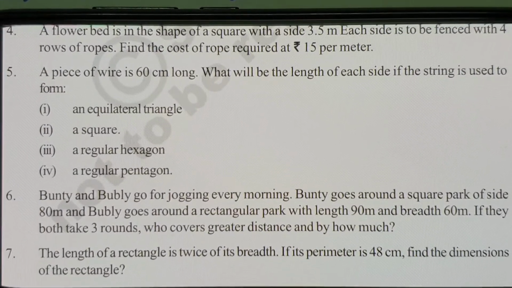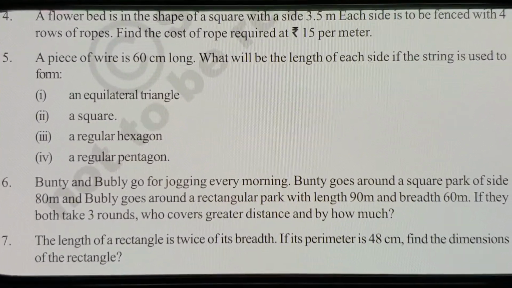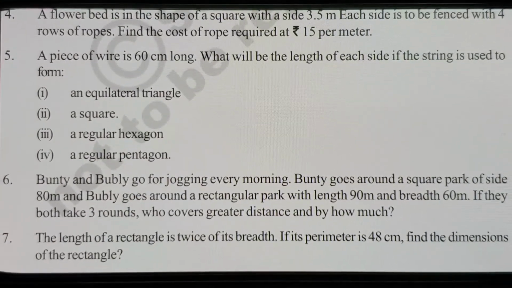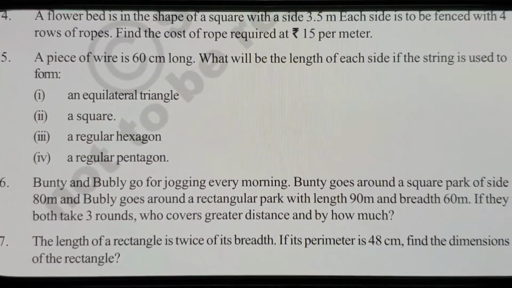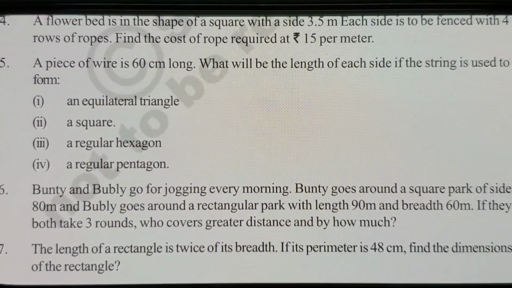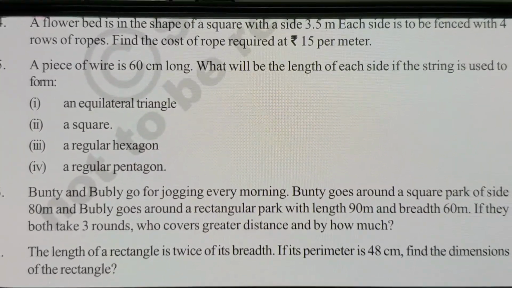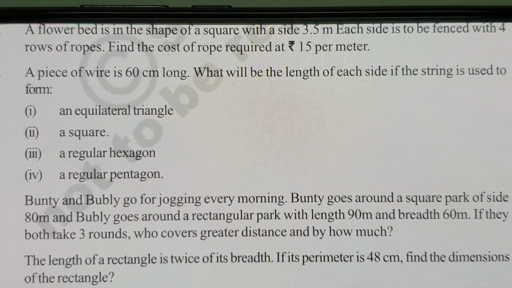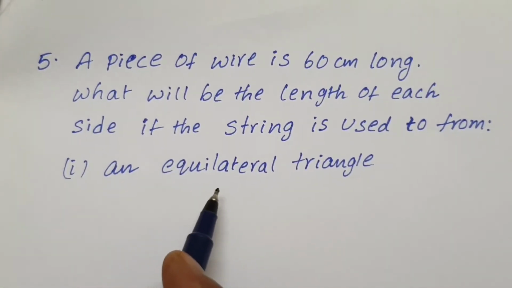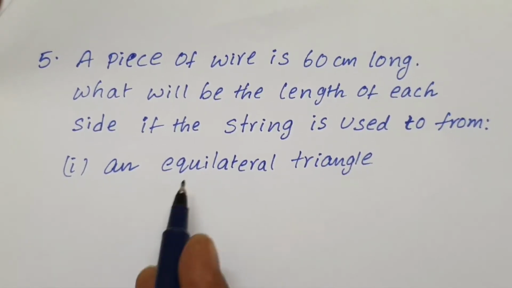Fifth question. A piece of wire is 60 meters long. What will be the length of each side if it is used to form the figures? First one, an equilateral triangle. In an equilateral triangle all sides are equal.